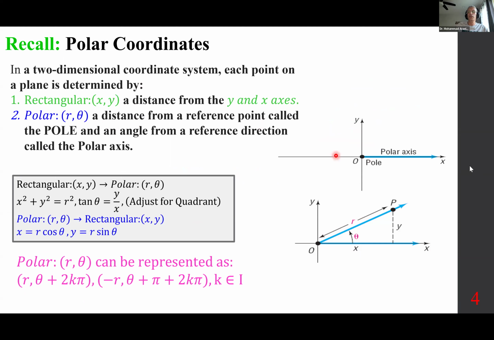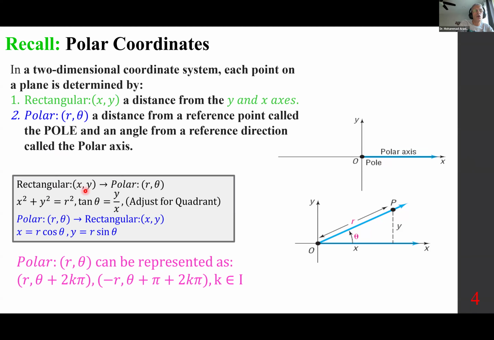When you look at a rectangular coordinate system, the positive x-axis is called the polar axis and the origin is called the pole. A distance from a reference point called the pole and an angle from a reference direction called the polar axis. So if we put them together, a point P has coordinates x comma y or r comma theta. What is the relationship between the two?